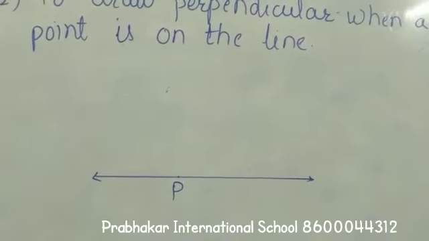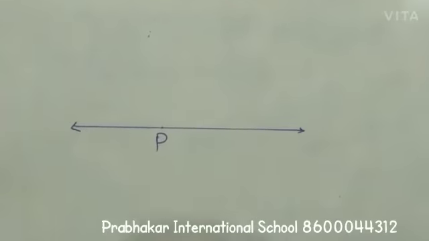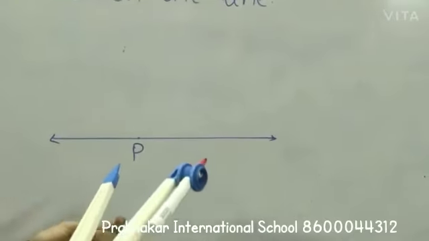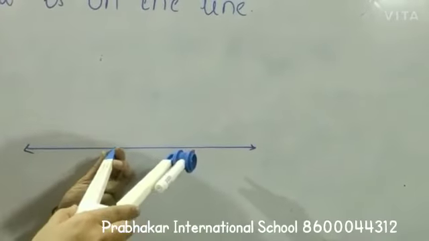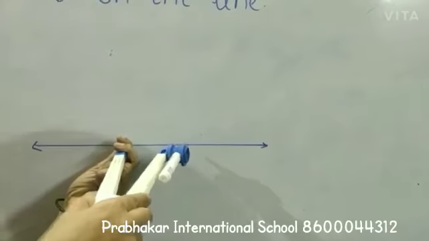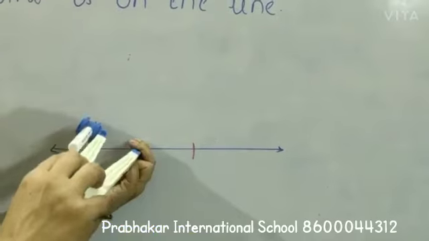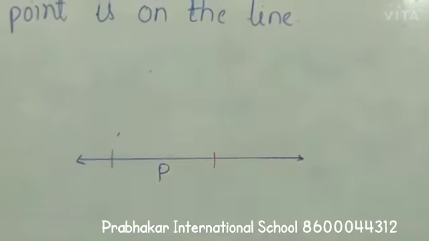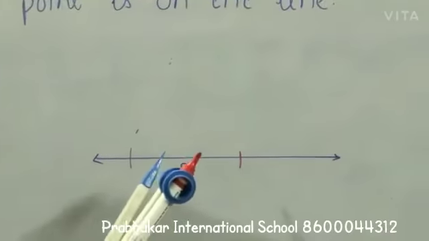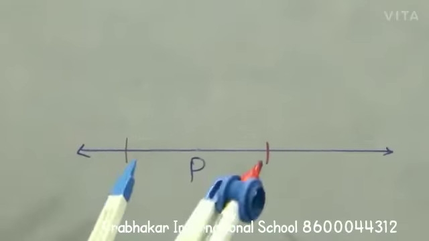Take compass in your hand and place compass point on point P and give arc to the right side and to the left side. This way you have to draw 2 arcs. Now place it on this arc, one time on this arc, one time on this arc.